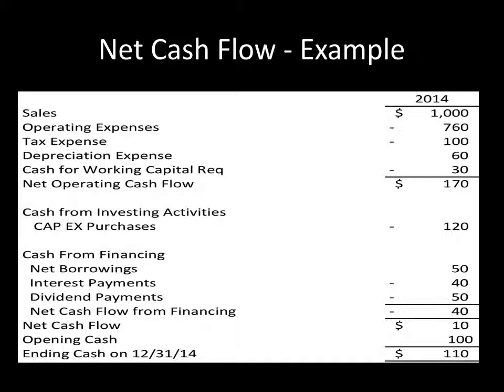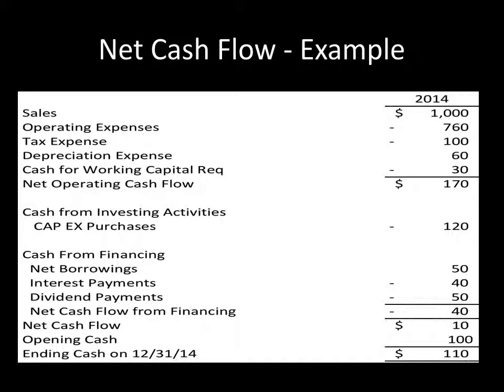But then we had that 40,000 from paying the dividends, offset by borrowing some money. So net effect, that's how we explained what our cash flow was. The $10,000 can be explained by generating 170 from operations. We spent 120 of that operating cash flow for capital expenditures, and we also spent a little bit on dividends and interest payments, partially offset by borrowing more money.